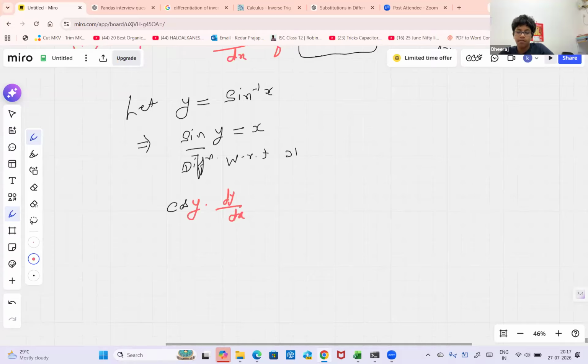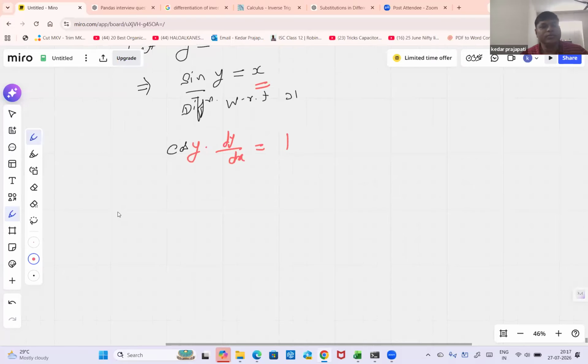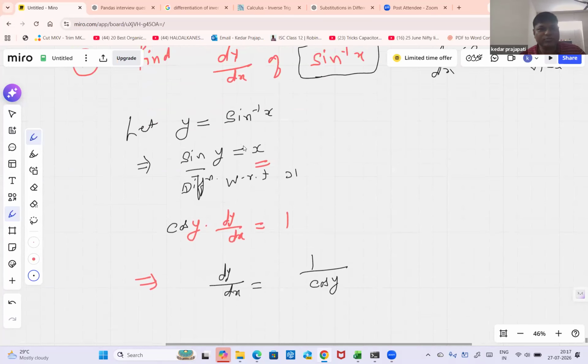Differentiation of x is 1. So from here, we have to find dy by dx. dy by dx is nothing but 1 by cos y. But it is coming in cos y. It should come in the form of sine y, right?